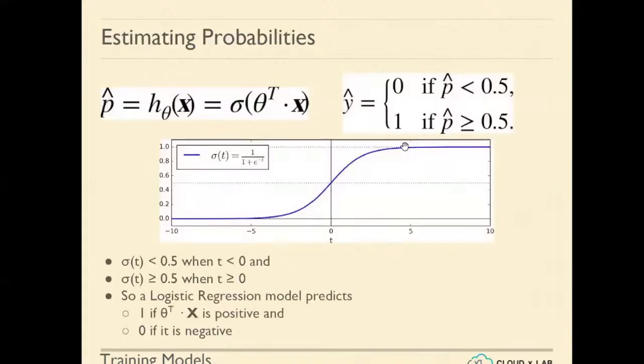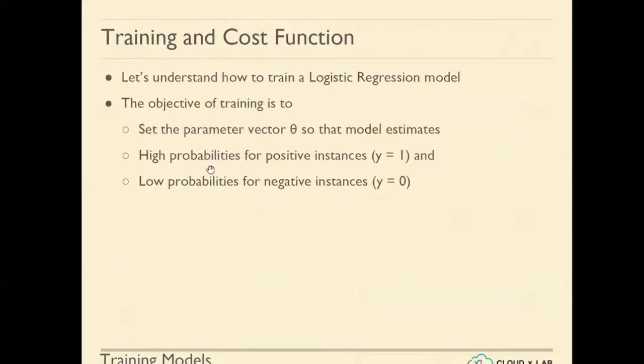As you can see here, the probability value is high for the positive class, and the probability value is low for the negative class. So that's what we want. We want high probability for the positive class. We want low probability for the negative class, right?